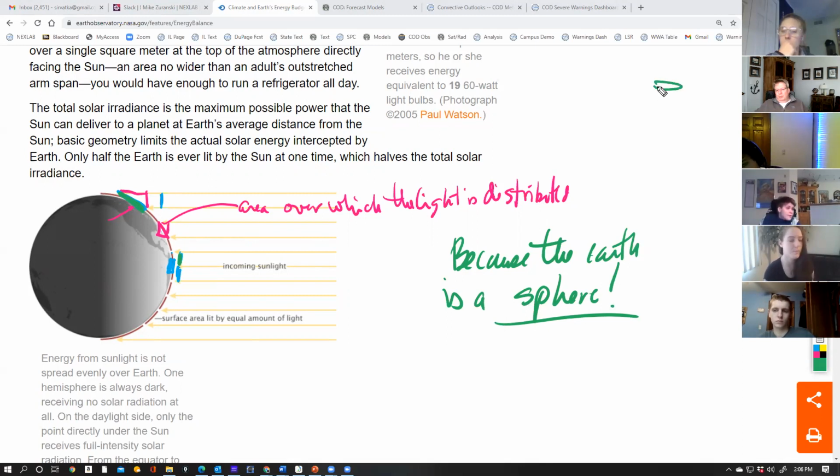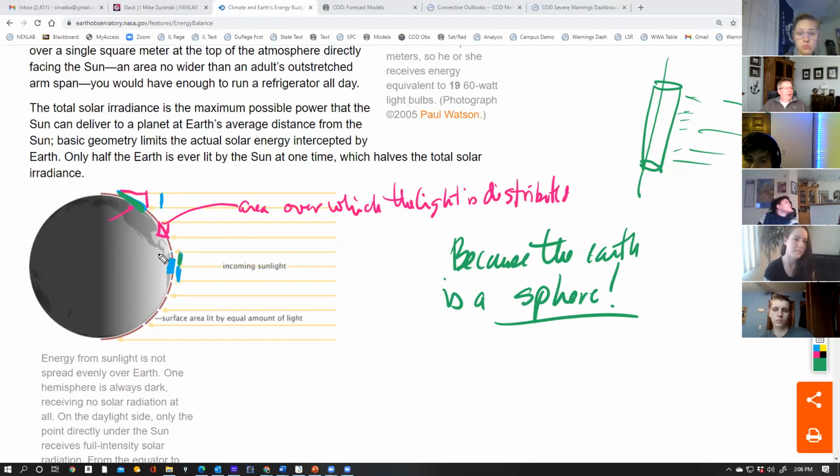If the Earth were a big cylinder rotating in space and the sun's over here, then all the radiation, no matter where I am on the cylinder, would be the same. But it's not. It's a sphere. Which means what? Which area gets the most intense radiation? Near the what? Equator.